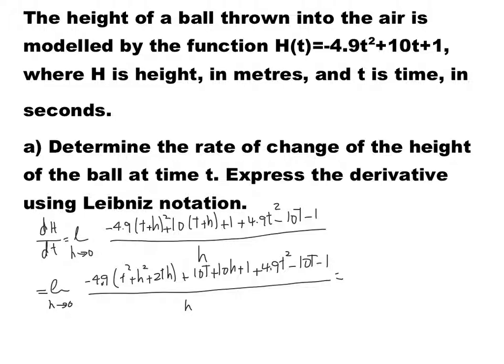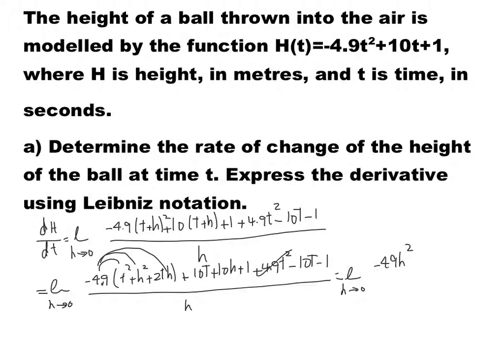Now we have to expand this one. We get negative 4.9 t squared, and with this 4.9 t squared, they are going to cancel each other. Then we get negative 4.9 h squared, so it's the limit as h goes to 0 of negative 4.9 h squared.